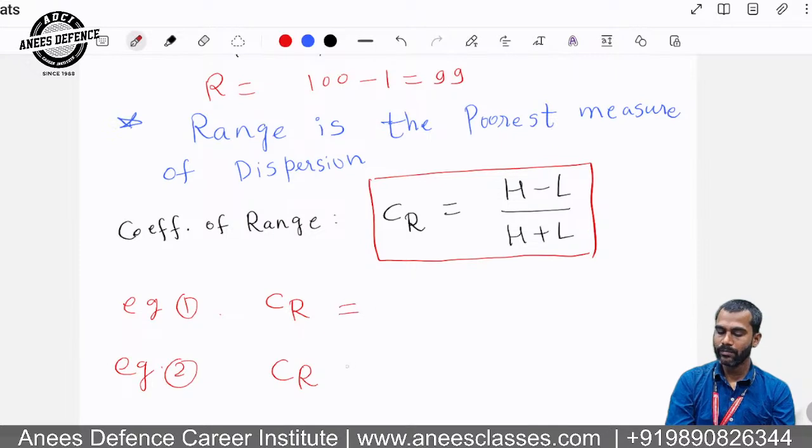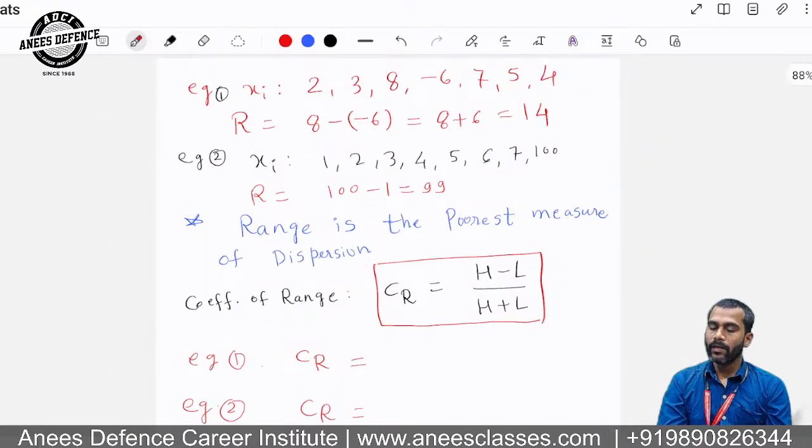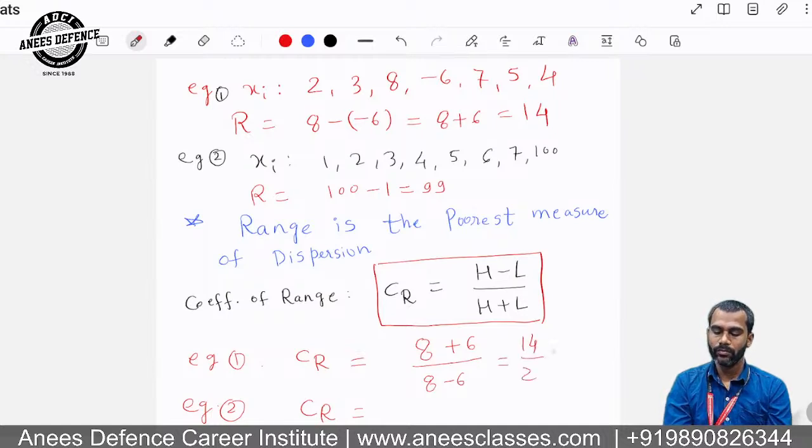Tell me, what is CR? In the first example, CR would be 8 plus 6 divided by 8 minus 6. Yes or no? So that is 14 by 2, 7. So coefficient of range is 7 here.